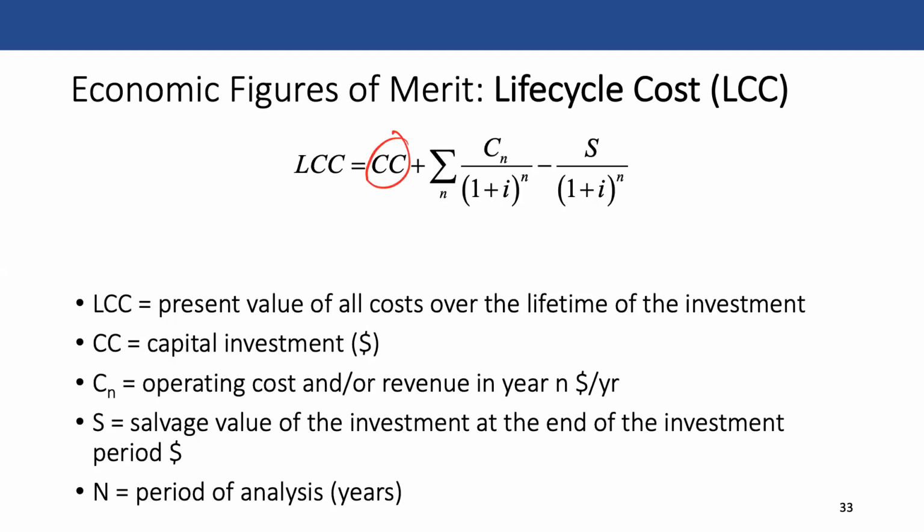The CC refers to the capital costs, which is the initial down payment for a particular item. Then you may have costs happening every year, that's CN, and you're essentially dividing by the interest rate every year as it changes over time.